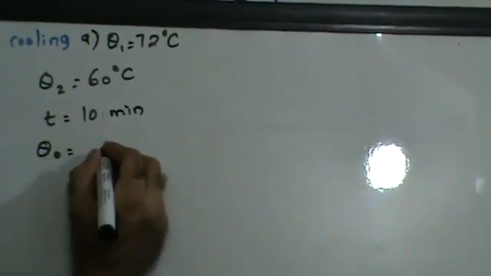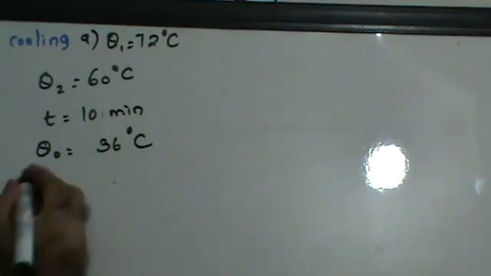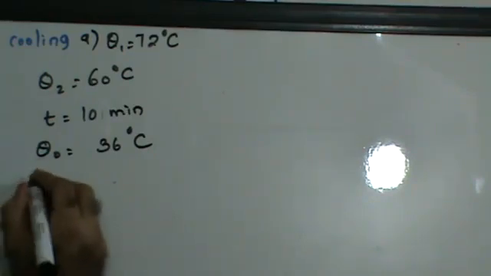If the temperature of the surrounding is 36 degrees Celsius, how much time will it take to cool from 60 degrees Celsius to 52 degrees Celsius? I want the body to cool to 52 degrees Celsius.